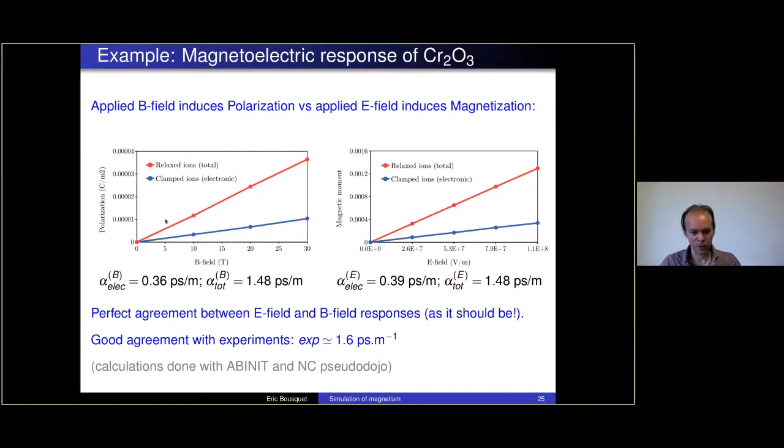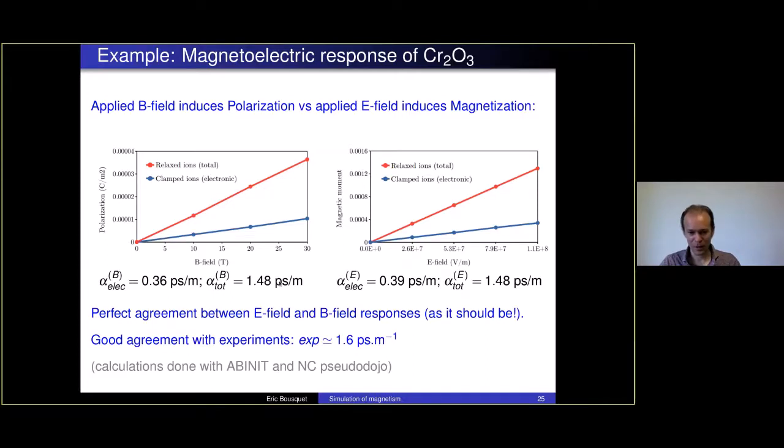If you extract the slope, you find a magnetoelectric response of the order of 1.5 picoseconds per meter. It is in extremely good agreement with the experiment, which is supposed to give, at 0 K, of the order of 1.6 picoseconds per meter.